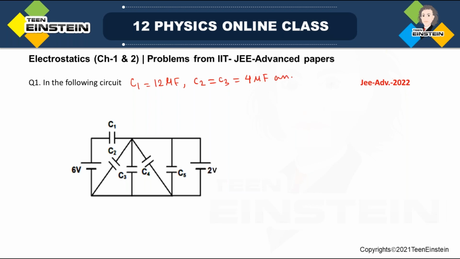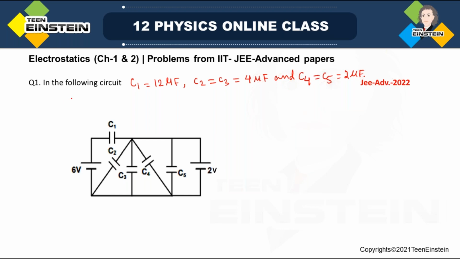And C5 and C4, these two have again equal capacitance. They have 2 microfarad.